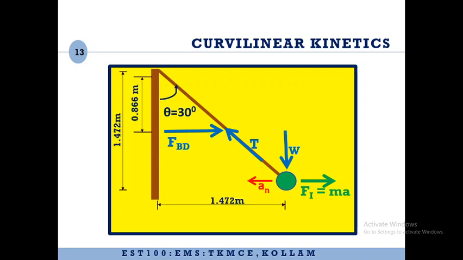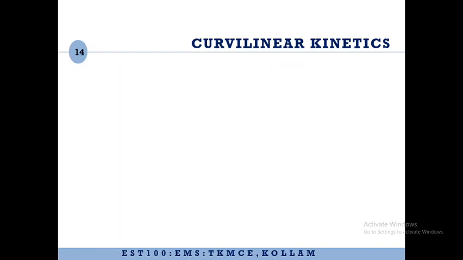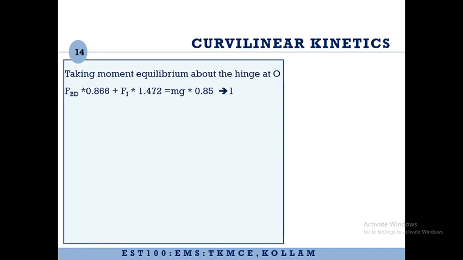Let us take the moment of all the forces about this particular point O. Writing the moment equilibrium, we get the equation FBD into 0.866 plus Fi into 1.472 is equal to mg into 0.85.